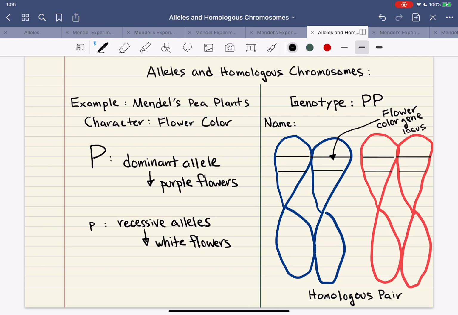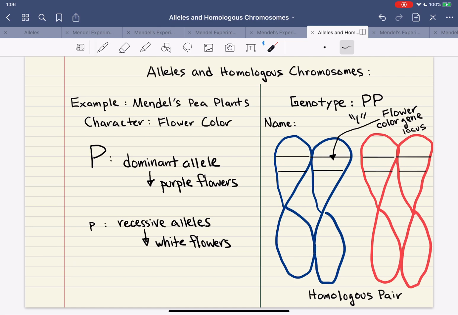This is arbitrary, I'm just making it up. Let's just pretend this is chromosome number 1 of the pea plants. And we'll say the gene for flower color is located where I put this line, bracketed by these lines right here. That's where it is on chromosome number 1. That's the locus, the location. I could pick anywhere, it doesn't matter. I don't know where it is.